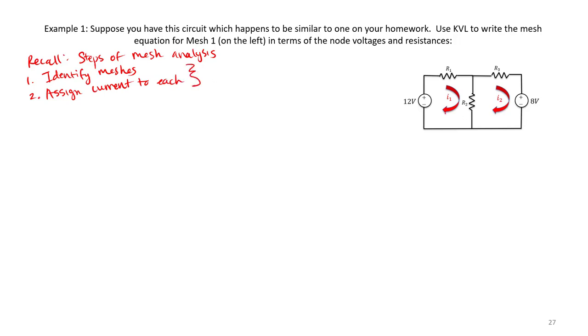In this case, we are already given I1 and I2, so this is done. If you were not given those currents I1 and I2, you could assume that you had two currents flowing in these areas, and you could assume a direction for those currents.